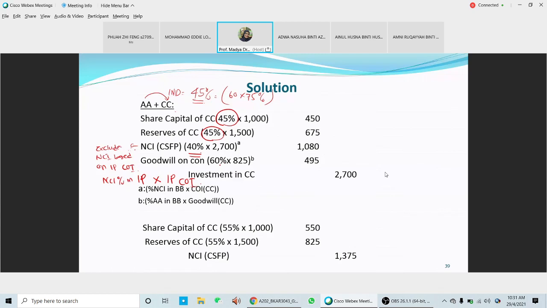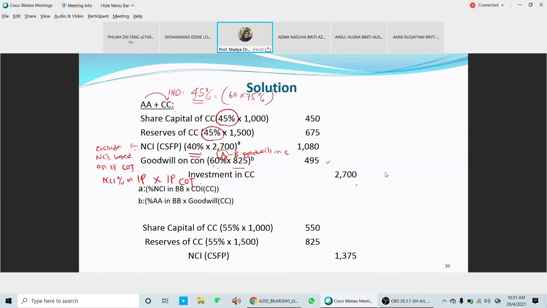And then goodwill on consolidation here is 60% times 825. The 60% here is the portion of A in B, so A is only entitled to 60% of B's goodwill. B's goodwill in C here is 825, so A is only entitled to 60% through B. That's why we have 60% times 825, so we're going to have 495.